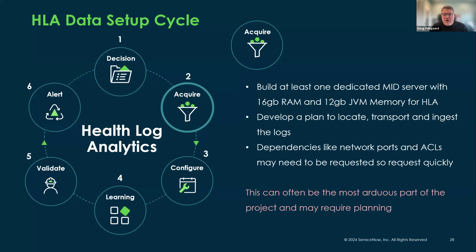You want to give it enough oxygen in order to still operate. The reason for that is because depending upon your log sources, it may be a healthy pipe or fire hose of data that's coming through. So we want to make sure that we're not starting with something that's a little bit starved.